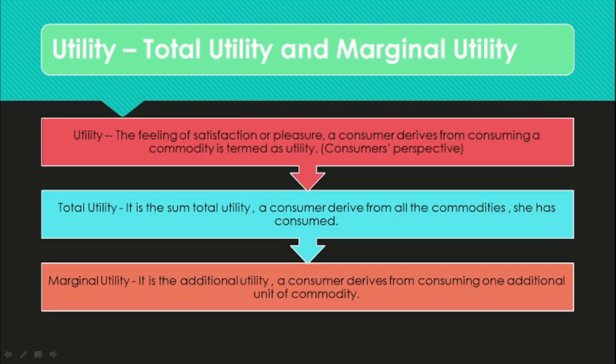Suppose 20 was the total and 10 was when I consumed the first unit, so 20 minus 10, the 10 will be the marginal utility that I received from the additional unit of ice cream. That is the concept of marginal utility, which is quite simple to understand.